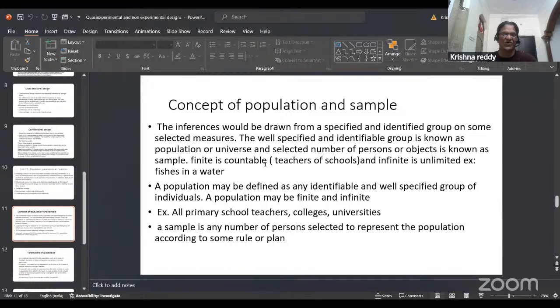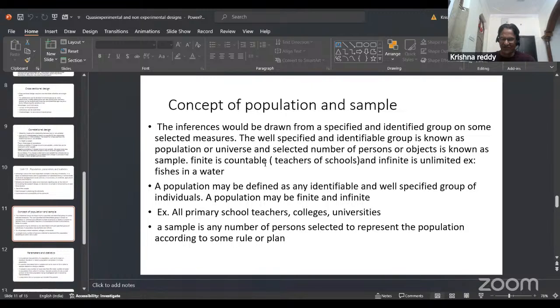All those students who are admitted for that batch is the population. Am I right? Among those students, then we have to pick up the sample. That is the population, that is the universe.